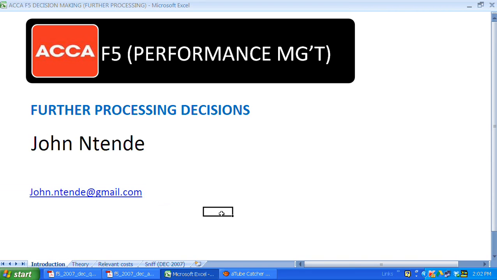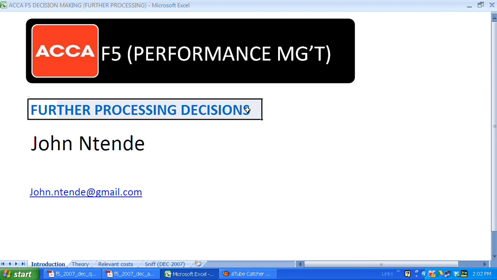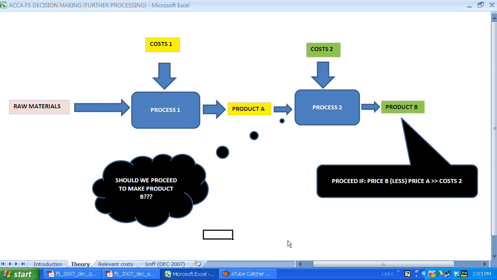So let's begin by understanding some basic theory surrounding how to evaluate further processing decisions. On your diagram here, we have process 1.